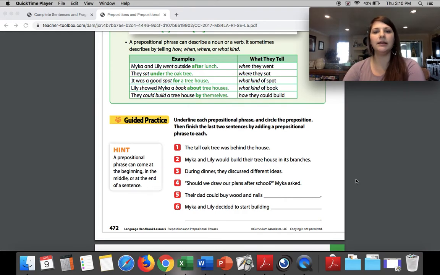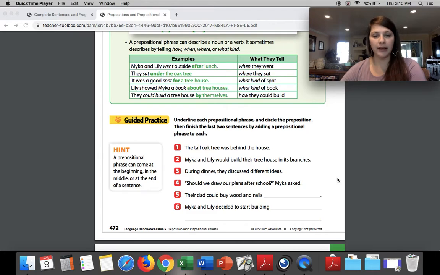Mika and Lily went outside after lunch. We know that after lunch is my prepositional phrase, and it tells when they went. They sat under the oak tree. Under the oak tree would be my prepositional phrase, and it's telling where they sat. It was a good spot for a treehouse.